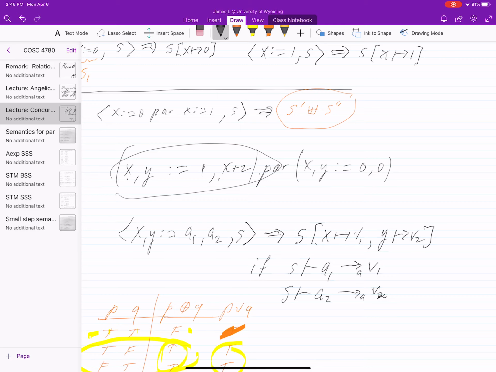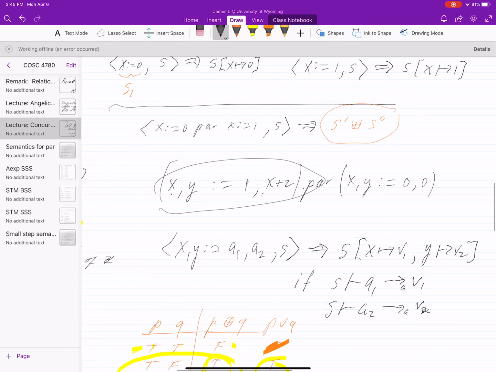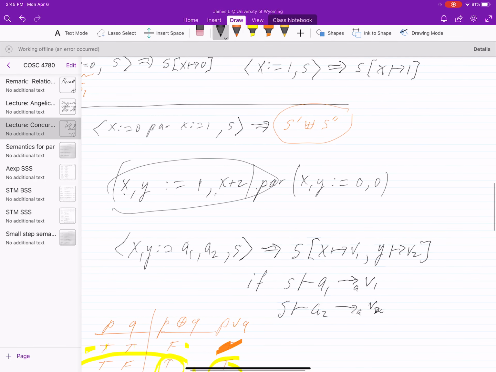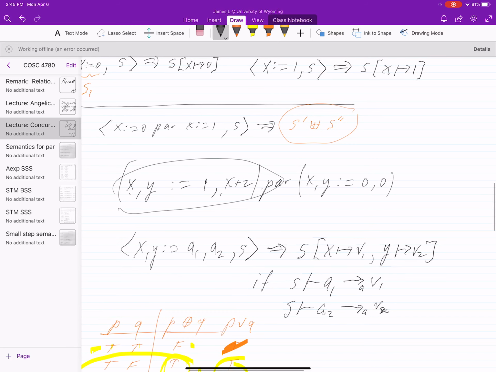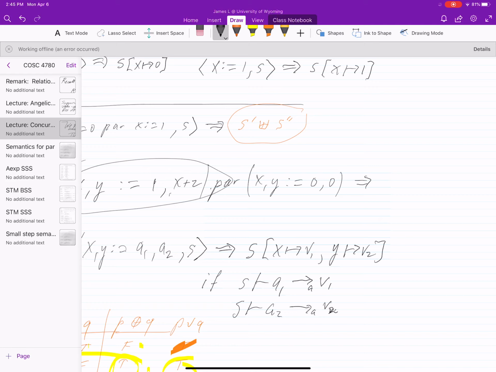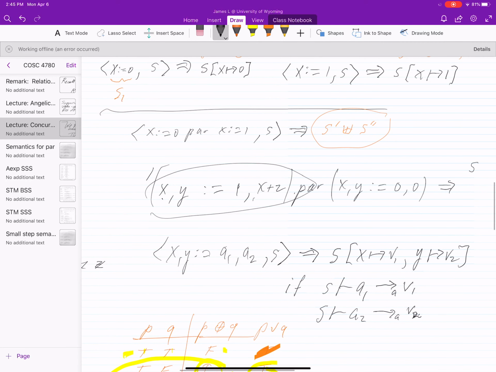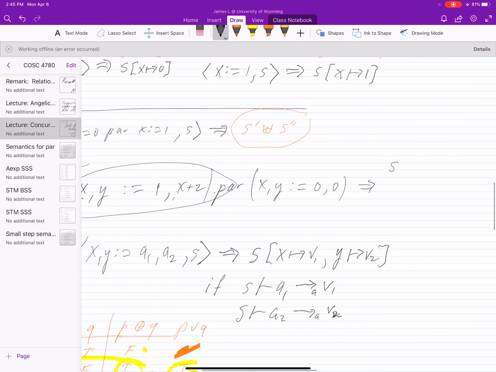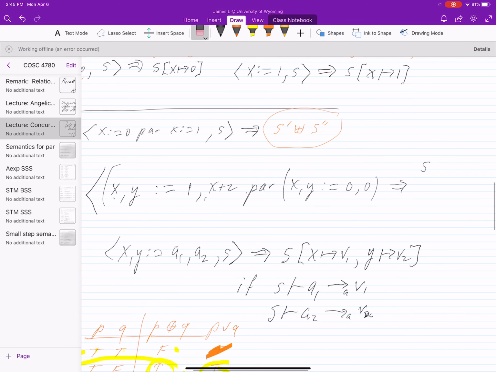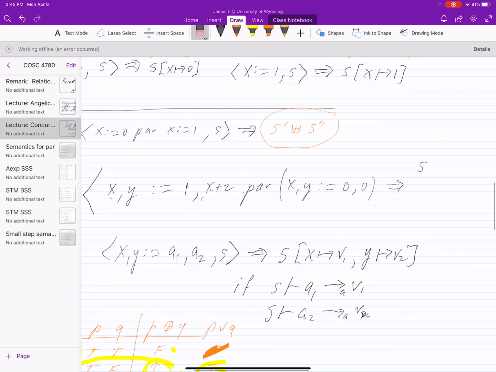So now if I did this, I'm going to get back this par thing. With a parallel rule, it could lead to, I need to clean this up a little bit to actually evaluate it.